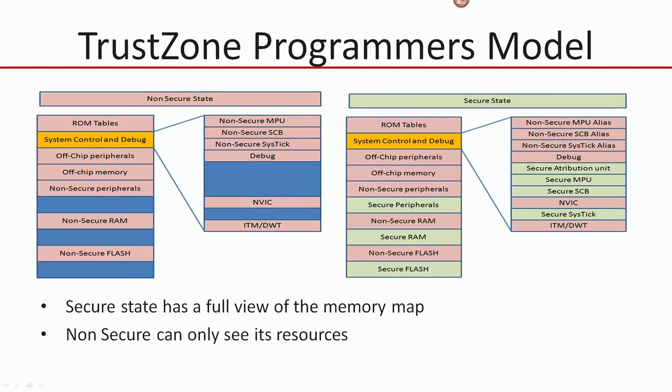And then we can jump over into the non-secure state, and here we have a reduced view of the chip, so that we can only see the code, data and peripherals that are available to the non-secure area. Anything that's labeled as secure is now completely invisible to us.